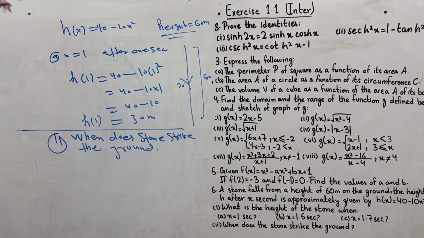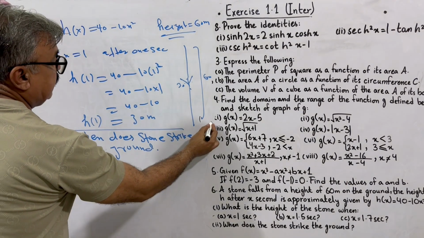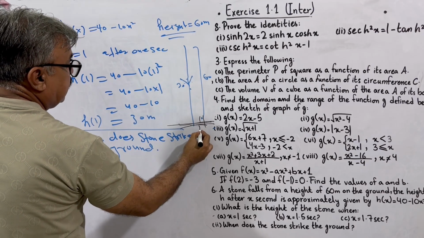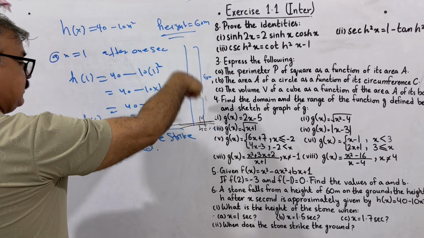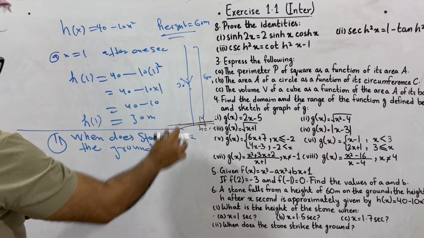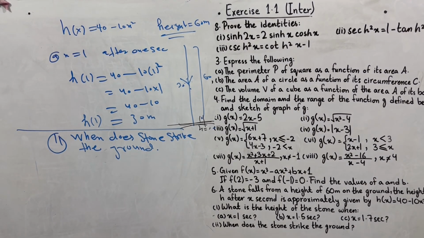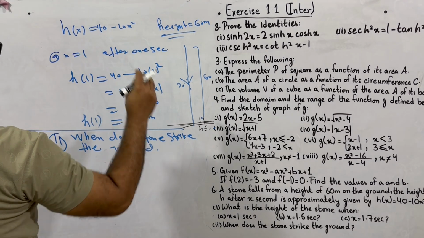Can anybody guess? Yes, we can guess. When a stone hits the ground, obviously, when this rock hits the ground, then height must be 0. When height is 0, then it has smashed with the ground. Means when height is 0, the stone touches the ground.